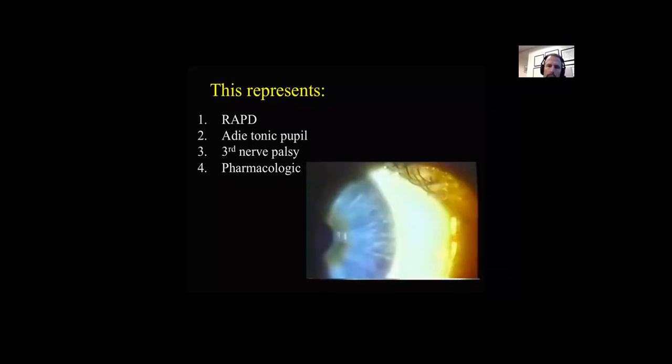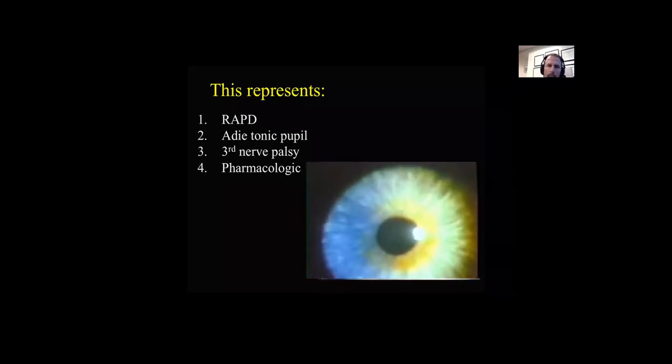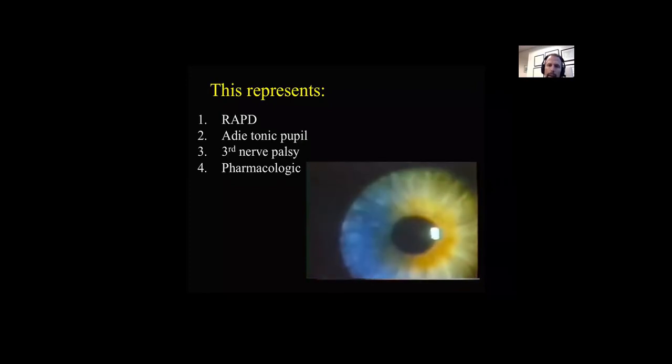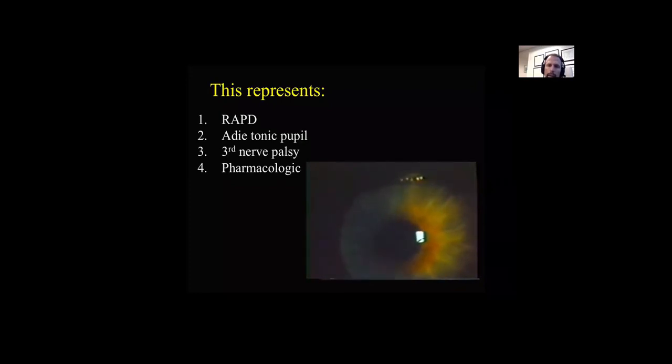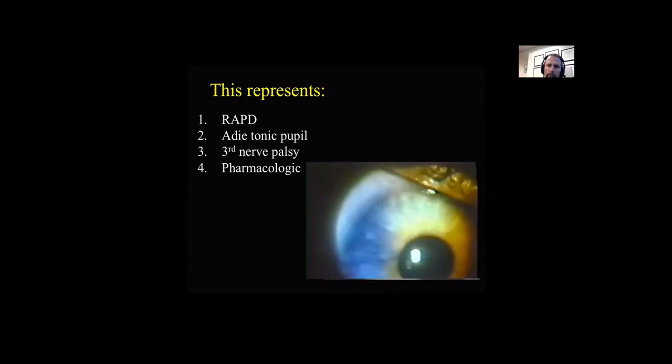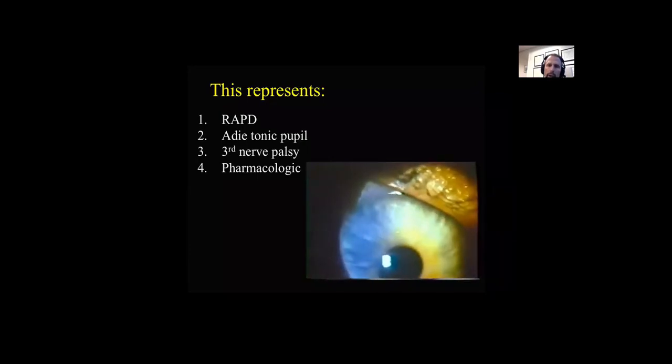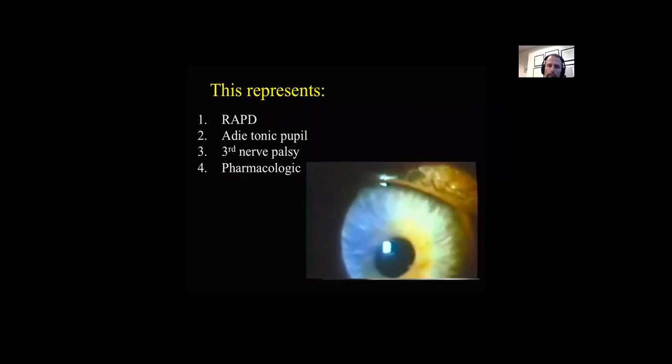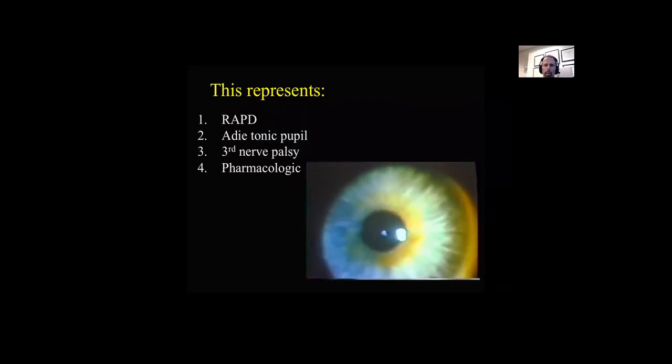And now the person's asked to look towards the end of the room. And you can see what happens when they do that. Again, this is the patient looking at the near card and looking towards the end of the room.